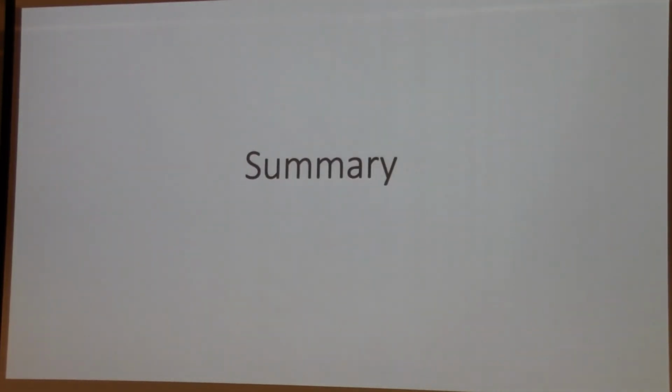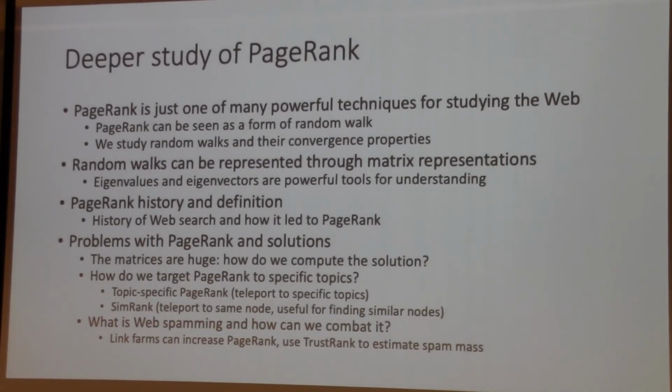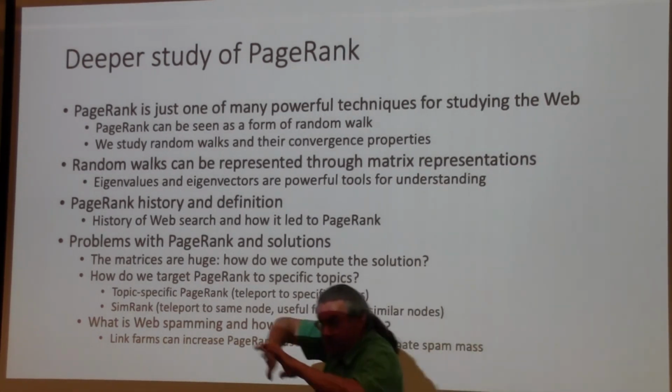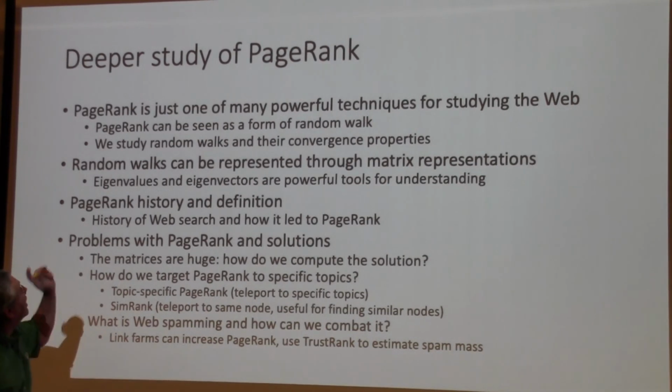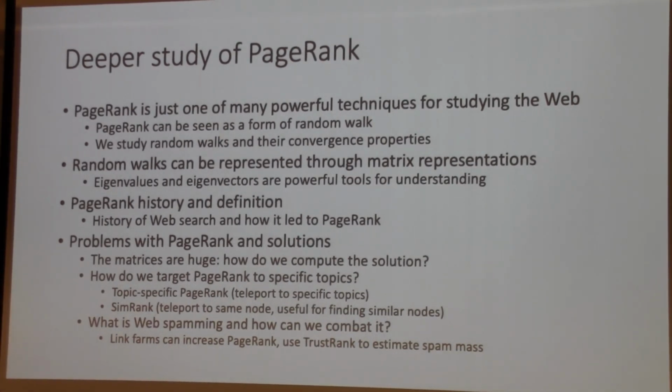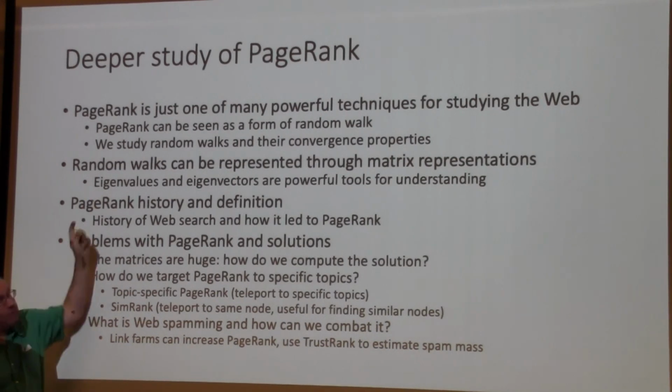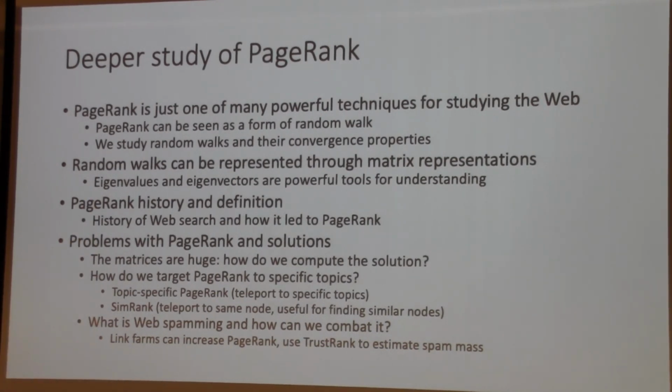Okay, so let me finish for today. Today we made a deeper study of PageRank and random walks. PageRank is just one of many powerful techniques. It's a form of random walks. So we started by studying random walks. We represented them by matrices, and we showed that eigenvalues and eigenvectors are important.